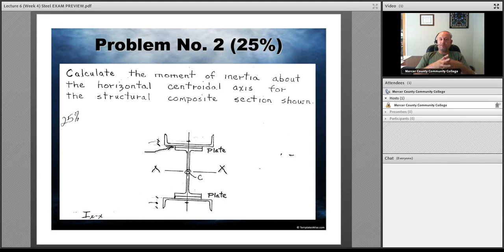Then you're going to get into a column which is centroid of the whole thing minus centroid of your piece. The second to last column is area times this quantity squared, and the quantity I'm going to say is centroid of the whole thing minus centroid of your piece. You have all this in your notes. Just reminding you. And then lastly, the moment of inertia of the piece by itself.